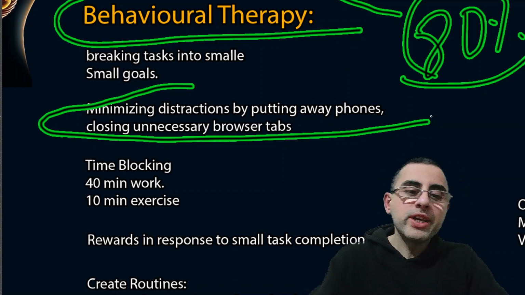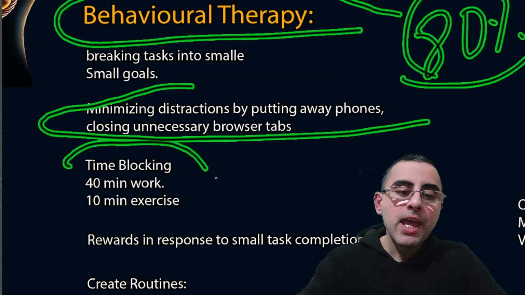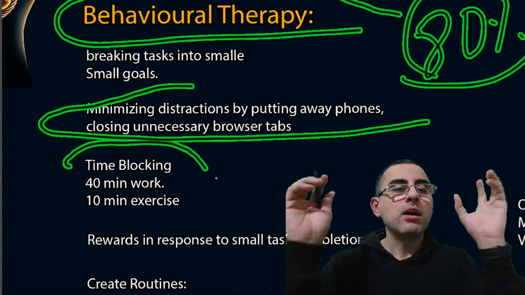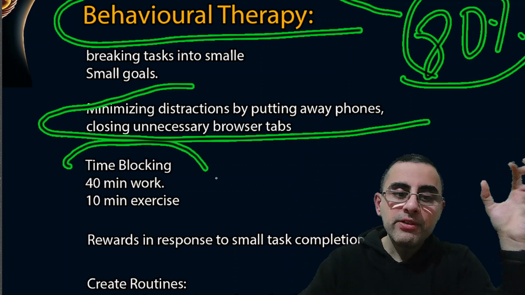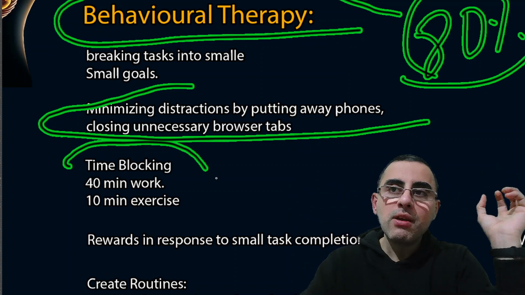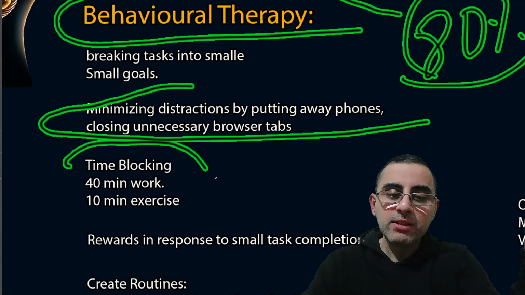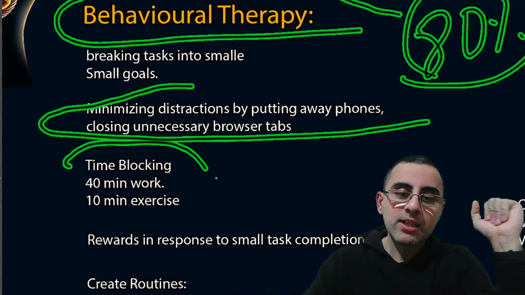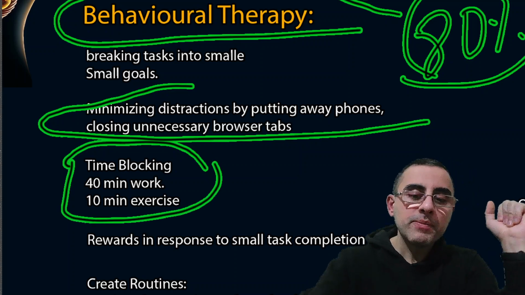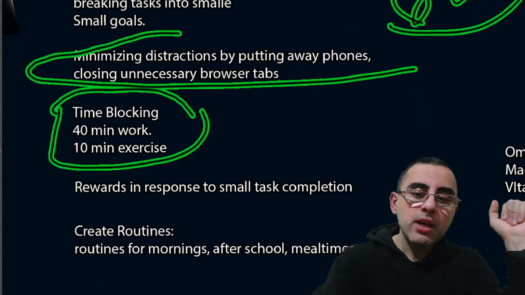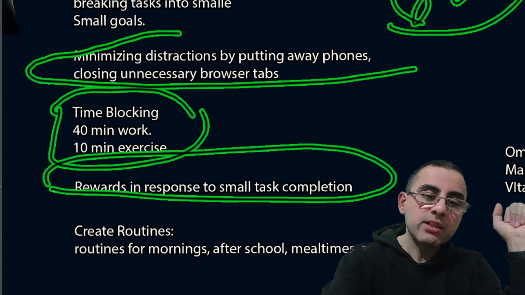Also, time blocking is another important part. It means you should organize your work time. For example, 40 minutes work, 10 minutes break, 40 minutes work, 10 minutes break, and so on. It will also help you stay focused. And reward yourself for small task completions.